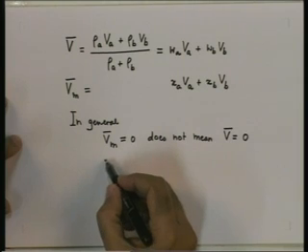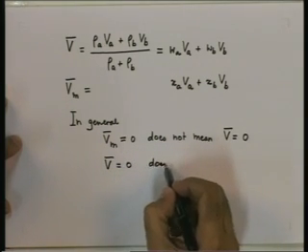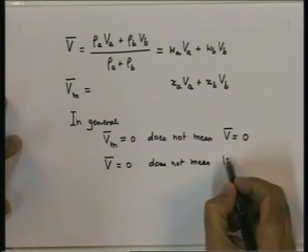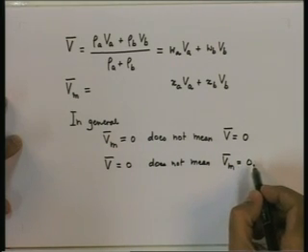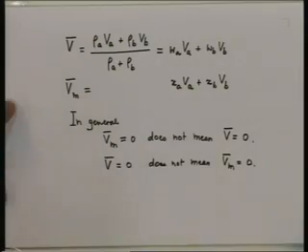And also, if the mass average velocity is 0, it does not mean that the mole average velocity is 0. So, whenever we do our mass transfer analysis, it will be important to note which average velocity we are talking about, because they are different and should be treated in a different way.